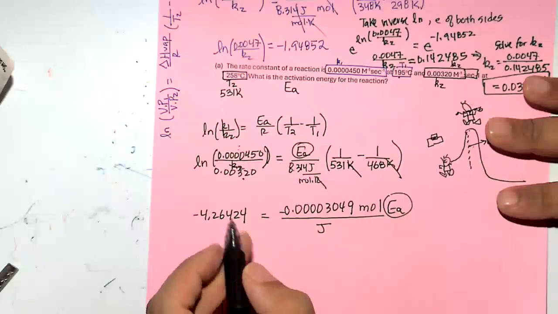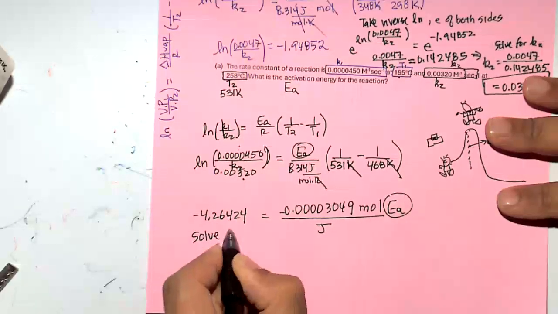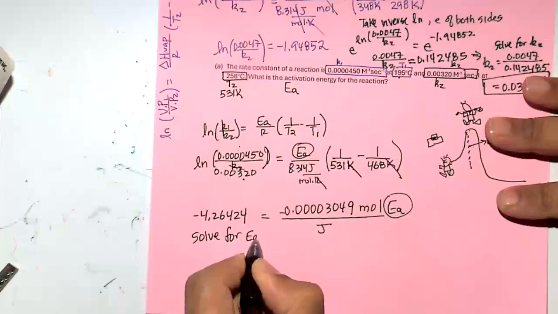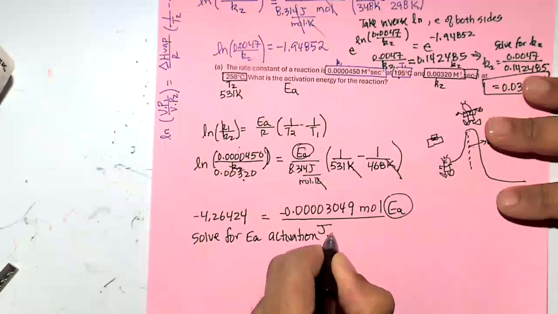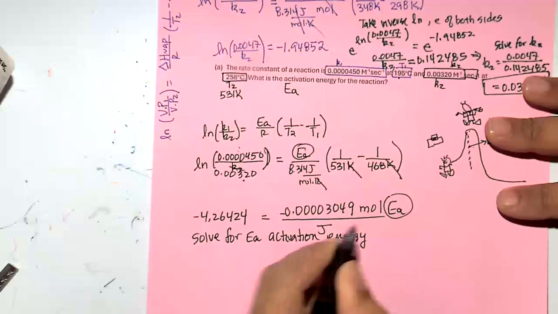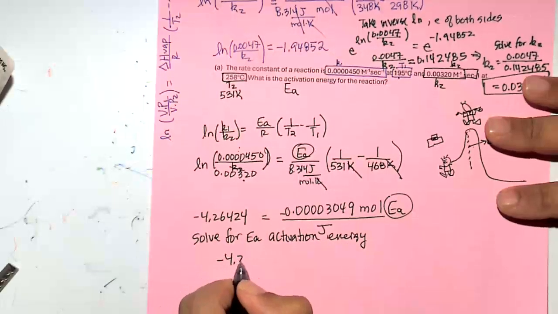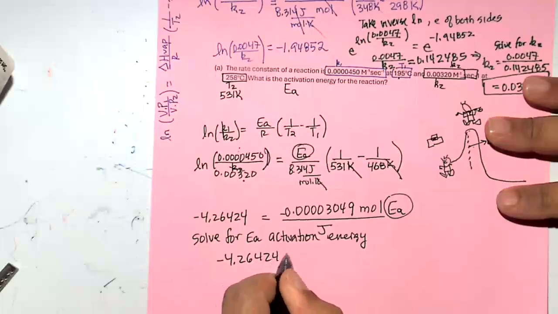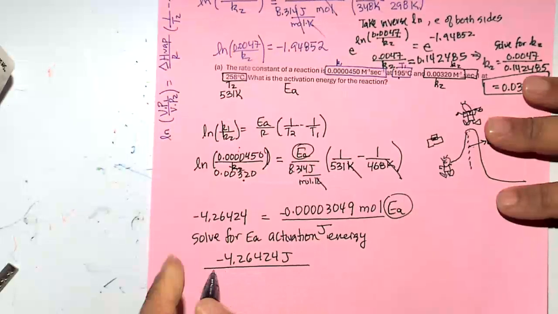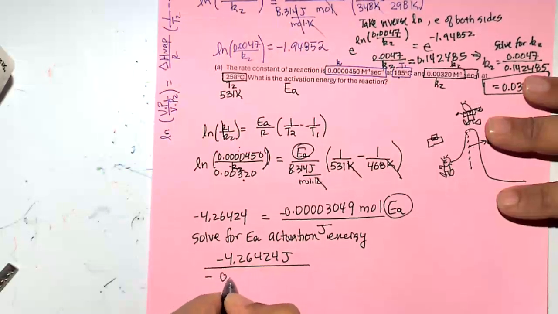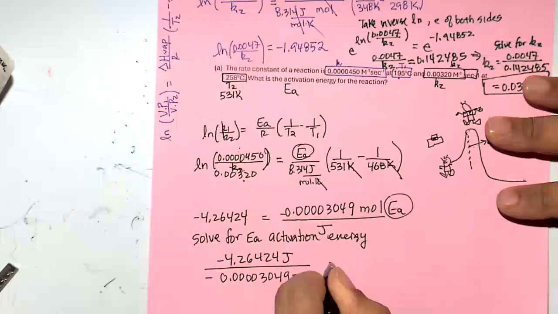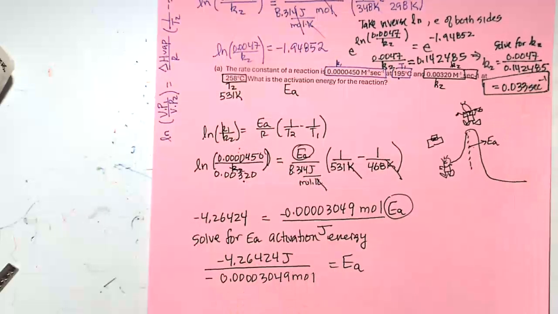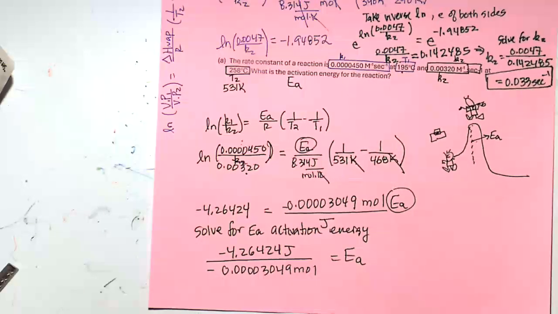And now I'm going to solve for EA, activation energy. Minus 4.26424 joules divided by minus 0.00003049 moles equals EA.